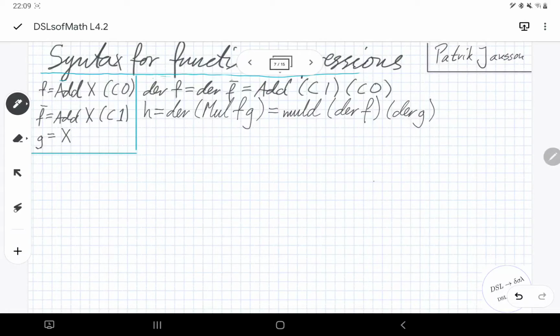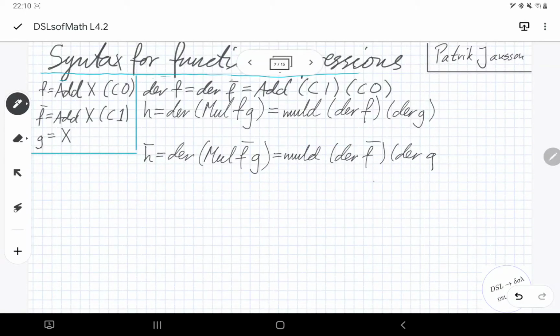Let's stop there for the moment. Let's also define h bar with a little space in between. So h bar is the derivative of mul f bar and g. And also, we have assumed this is a homomorphism, so it is mul d of derivative f bar and derivative of g.